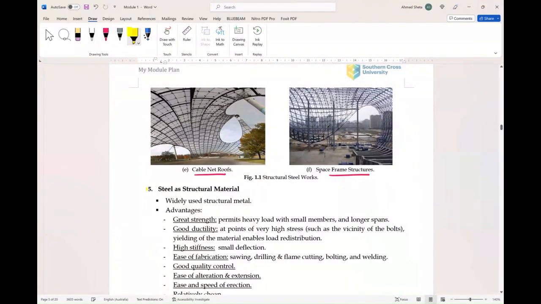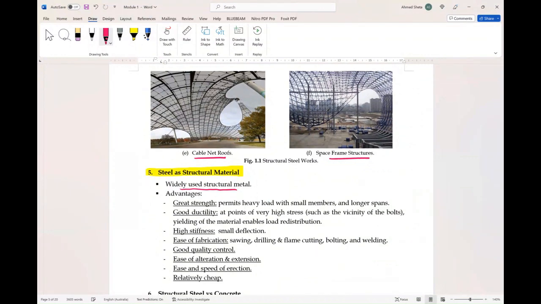The next point is steel as a structural material. Structural steel is the most widely and commonly used metal in construction compared to aluminum and other metals.